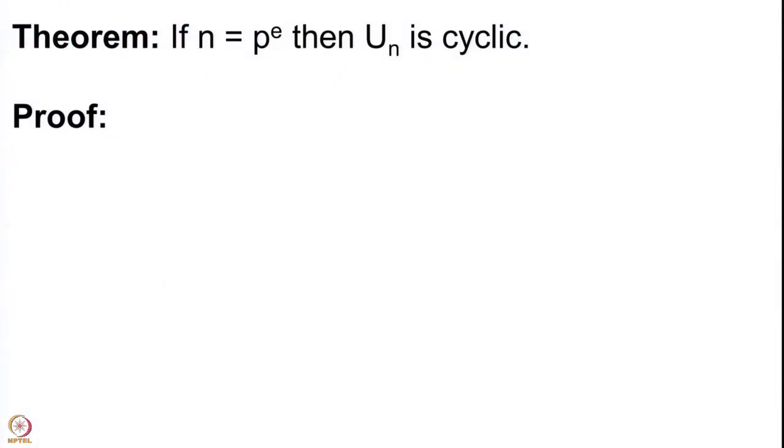We now go to our next result, which shows that if you have n to be p power e, then Un is cyclic, and I will remind you once again, because we are stating the theorem here for the first time, that our p is an odd prime.